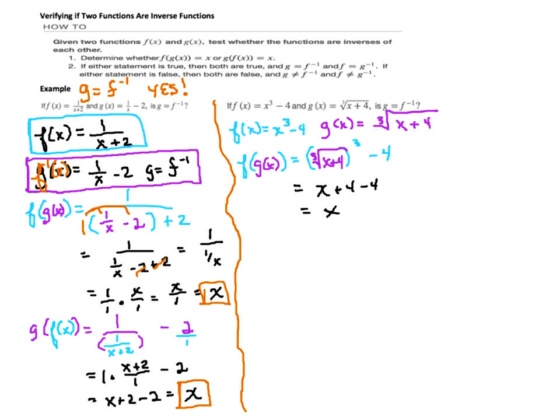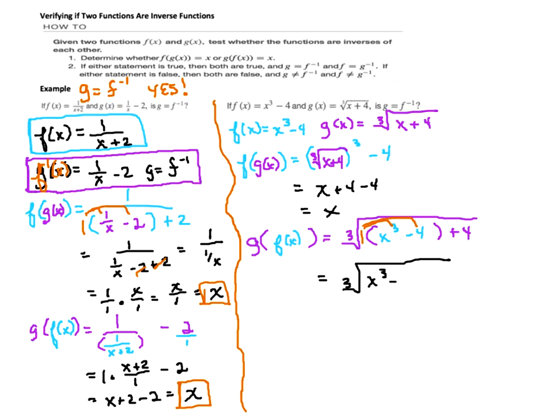I've got to compose the other way, though, to check it. Sometimes it'll work one way and it won't work the other way, and those are not considered inverses. So g of x is equal to the cube root of something plus 4. And that something is f of x, x cubed minus 4. There's an understood 1 right here that gets distributed to get rid of those parentheses.